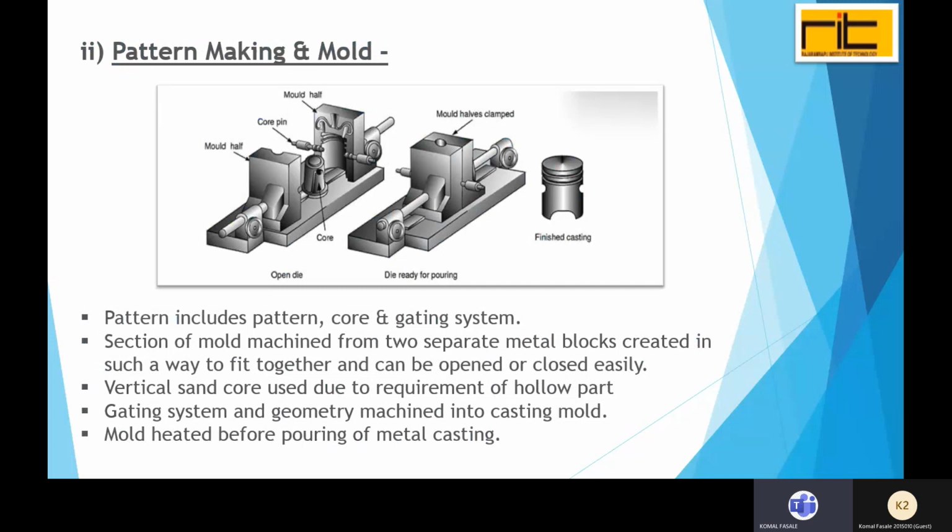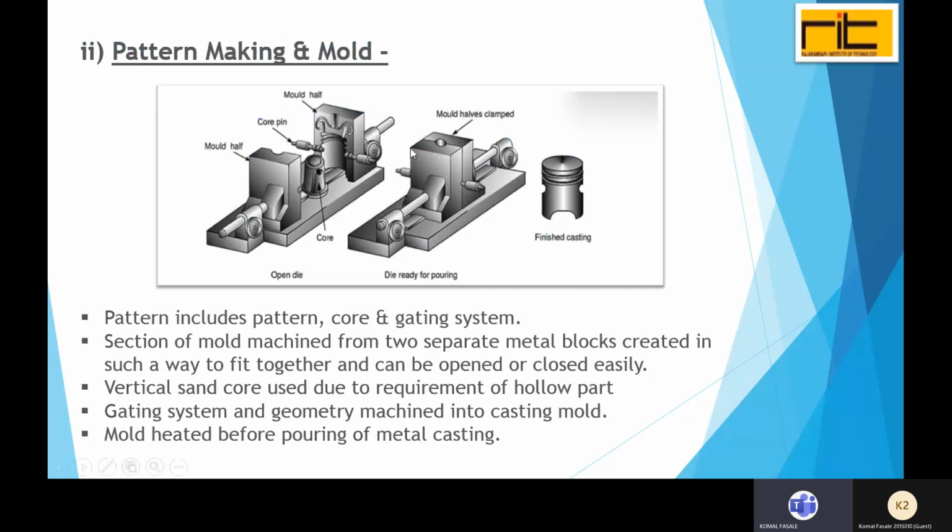Gating system and the part geometry are also machined into the casting mold. As the process considered is permanent die casting, suitable measures are taken so that the mold can be used again and again. The mold will be heated before pouring of the molten metal. A vertical sand core is used to form the hollow part, and thus all is assembled together.